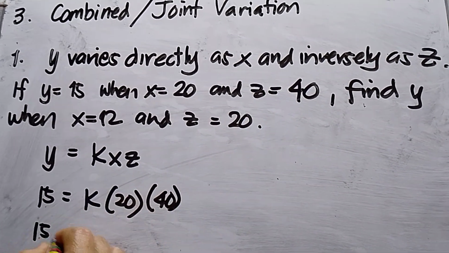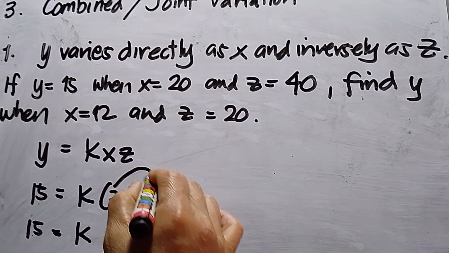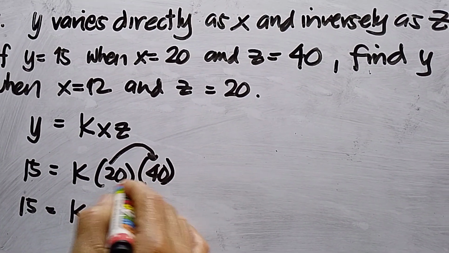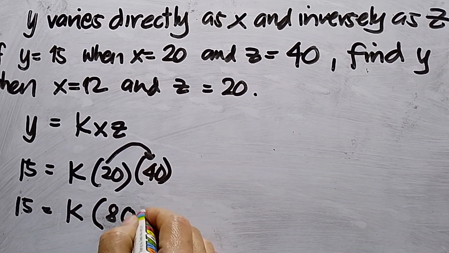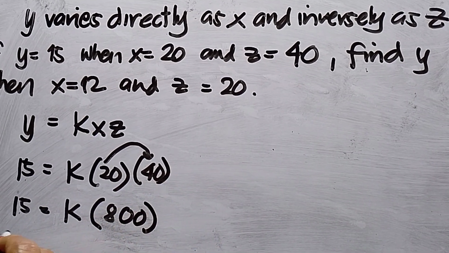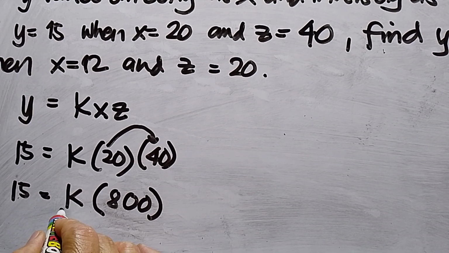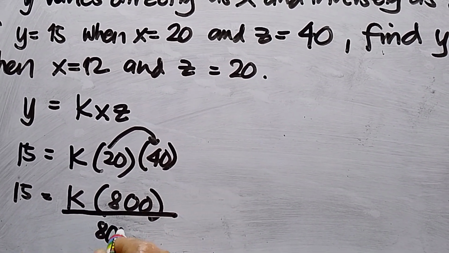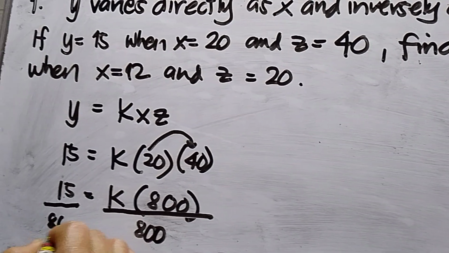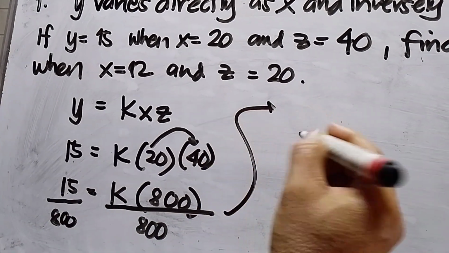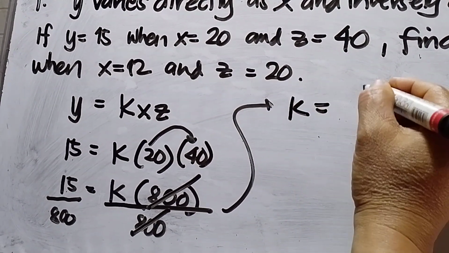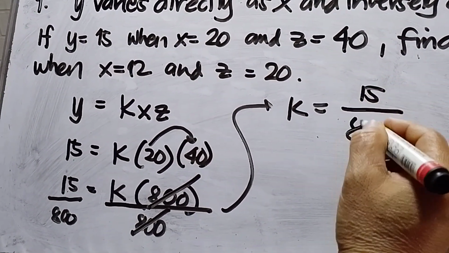So 15 equals K times 800, since 2 times 4 is 8, then two zeros. To solve the constant of variation K, divide both sides by 800. So K is equal to 15 over 800.